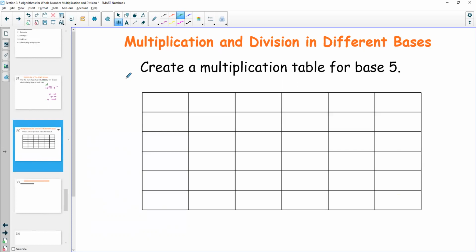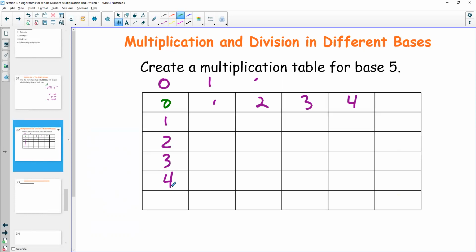I just lost one. So let's create a multiplication table for base 5. Let's set up what goes in here. So 0, 1, oh, sorry, they should go in the boxes. 0, 1, 2, 3, 4, right? I need my table. Where's my multiplication table?